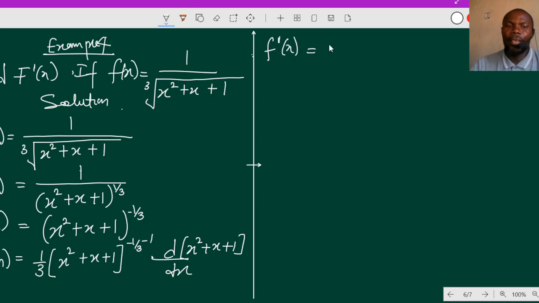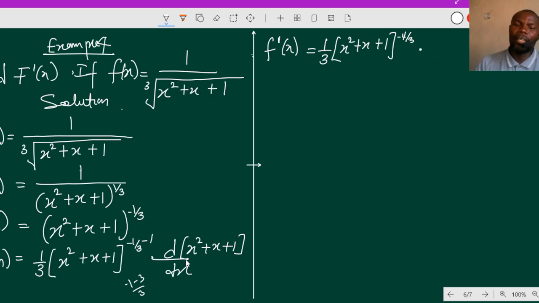So meaning that f1x will give you 1 over 3 onto x squared plus x plus 1. In a rough sketch, this one will be minus 4: minus 3 minus 1, minus 3 over 3, it will be minus 4 over 3 dot. By the time you differentiate this, we have 2x plus 1.